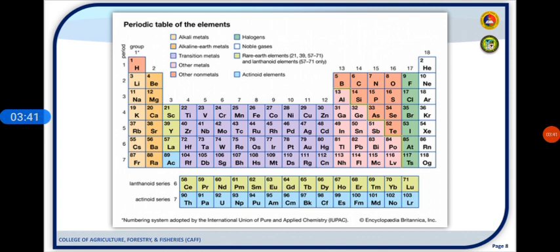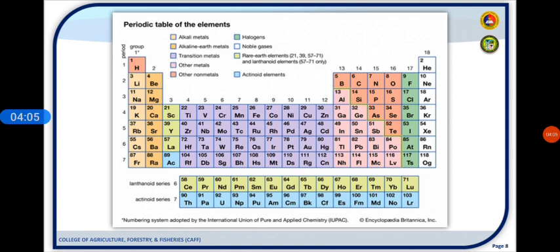Now look at the alkali metals. Look at the color of the alkali metals. We have the element numbers 3, 11, 19, 37, 55, and 87. So you have lithium, sodium, potassium, rubidium, cesium, and so on.